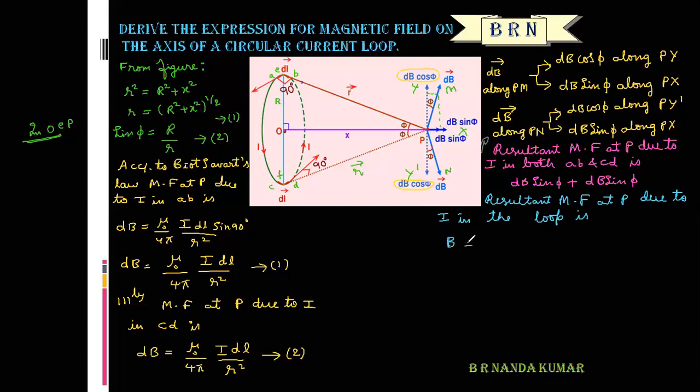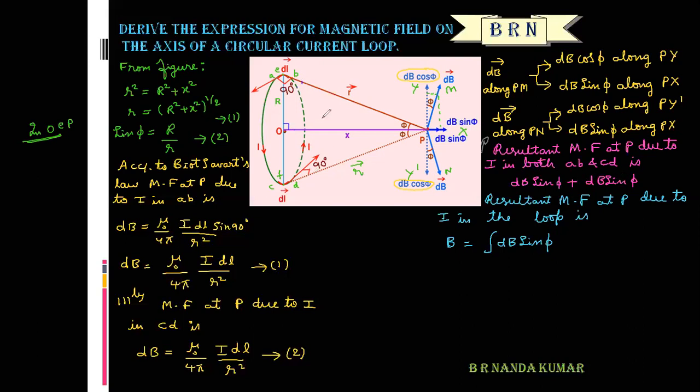So B is equal to integration of dB sin phi. Okay, just for one pair of opposite corners, the resultant magnetic field is dB sin phi plus dB sin phi.